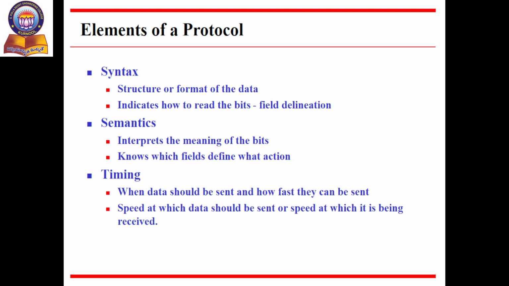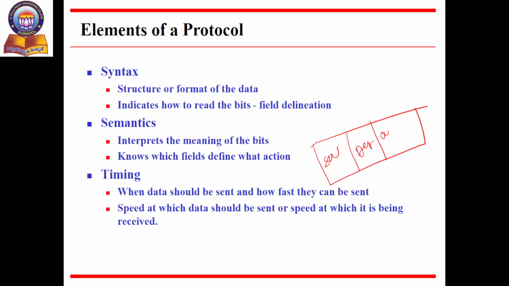So coming to the syntax here, it's a simple thing. When we are going to do the communication, we need to follow some format or some structure when we send the data. If you are sending any packet, the first field indicates the source address, the second field indicates the destination address, and the third field indicates our original content.